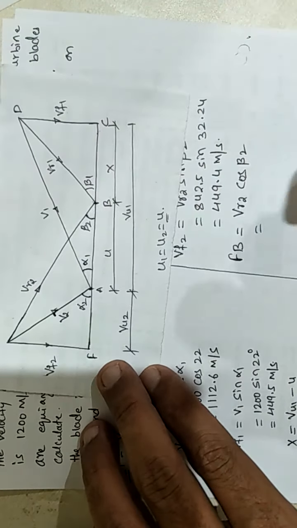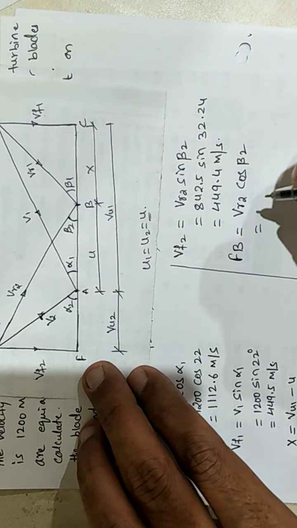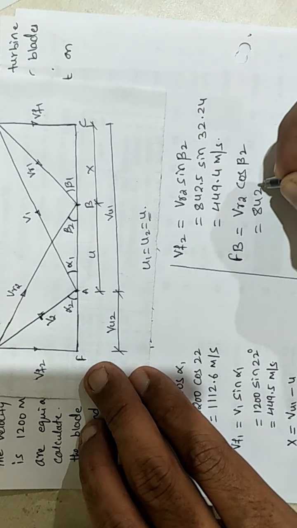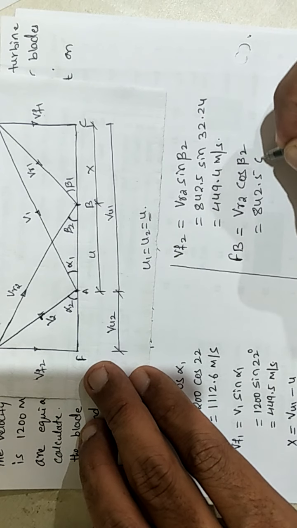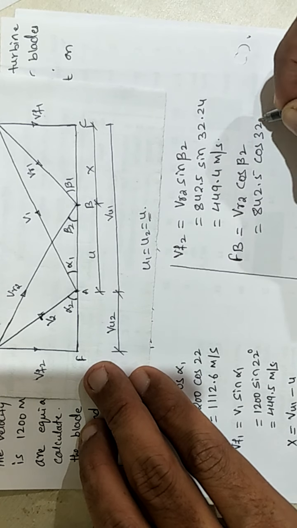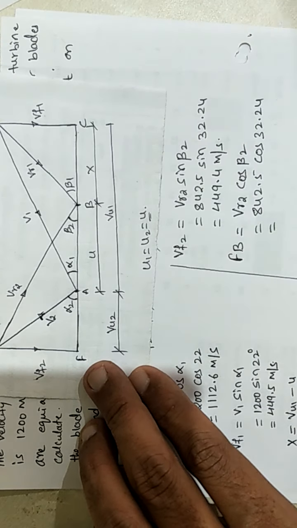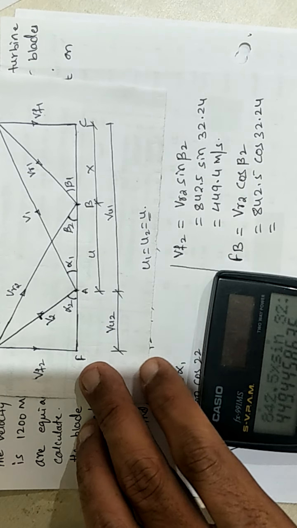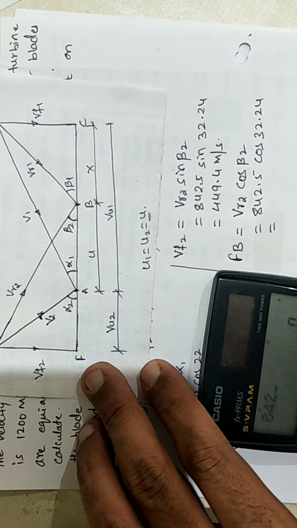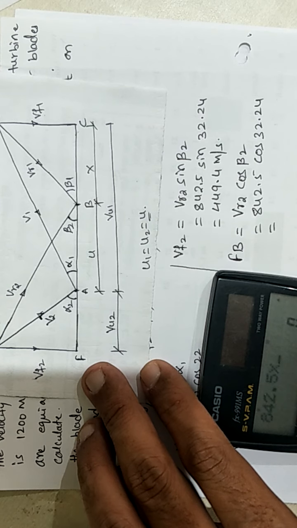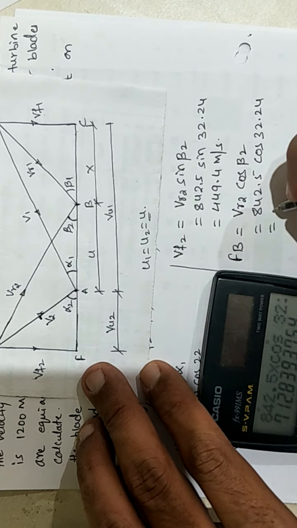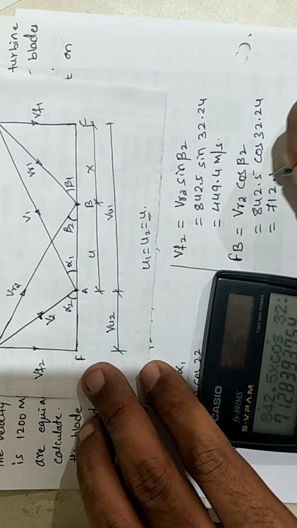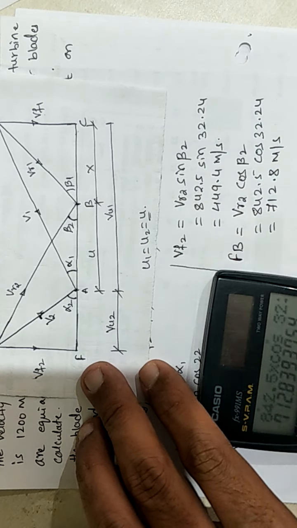We know the value of VR2, it is 842.5 into cos of 32.24. So you'll get 712.8 meters per second for FB.